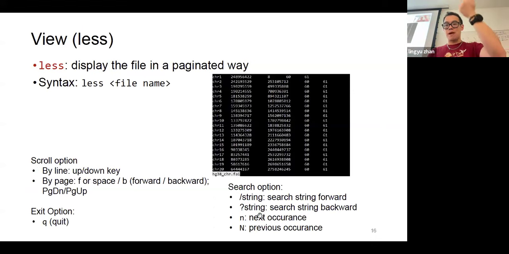It will start the search backwards. So we can do question mark 3000 and hit return. I think that's already the first one. If you hit n, you can go backwards. So I think the functionality of less is better. I like less more.